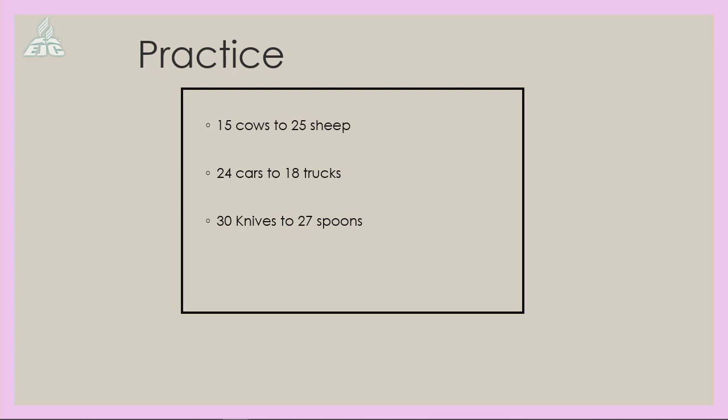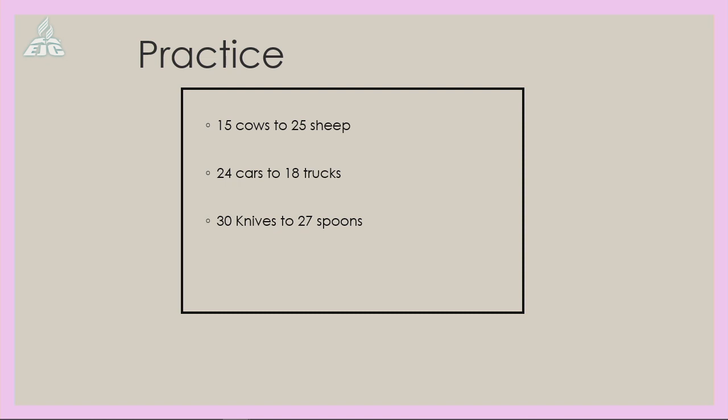15 cows to 25 sheep. Remember the first thing, we write our ratio as a fraction. Okay. Then we simplify. And in simplifying, we find our HCF, or same as you say, your greatest common factor.